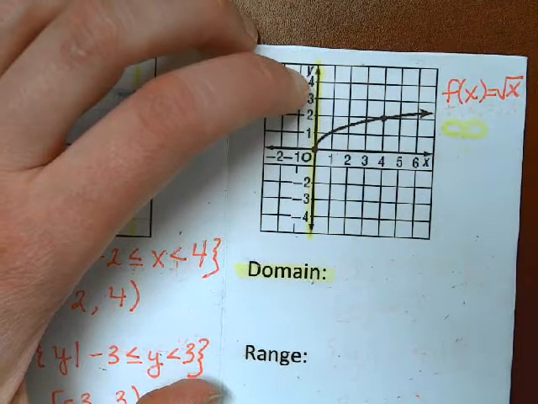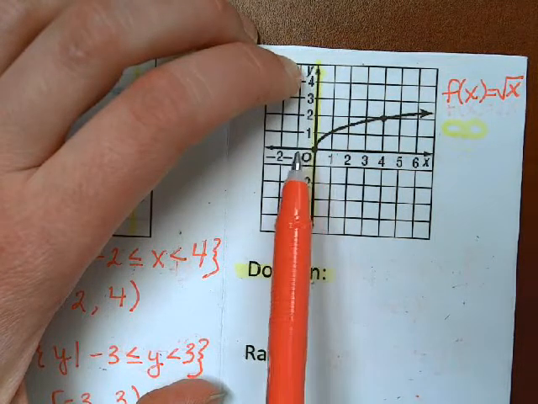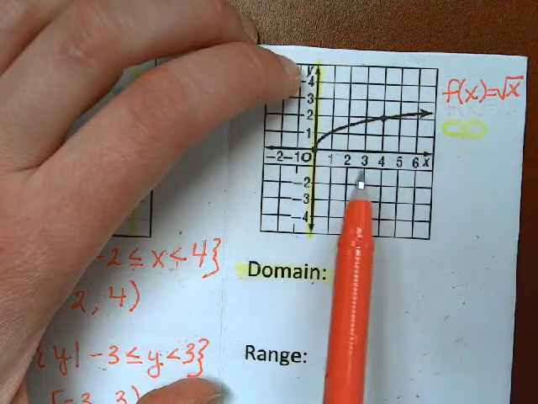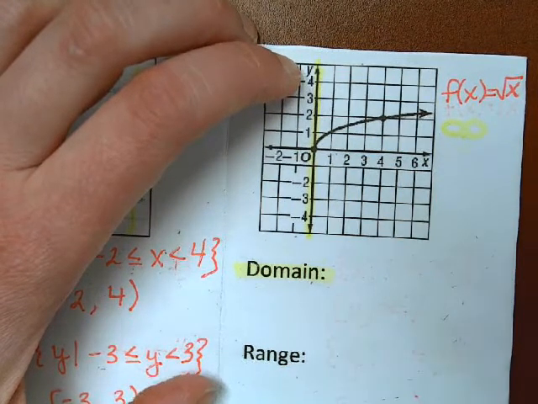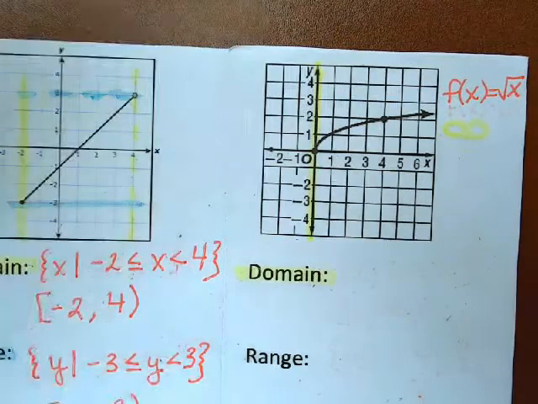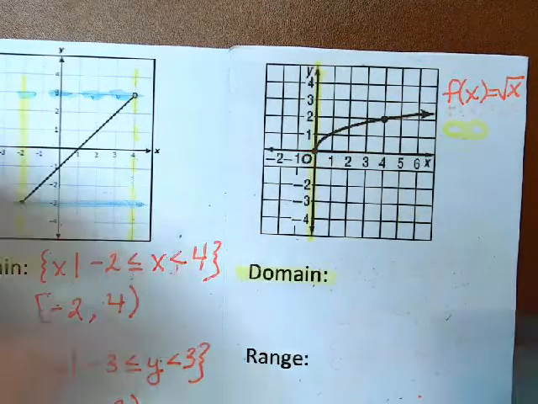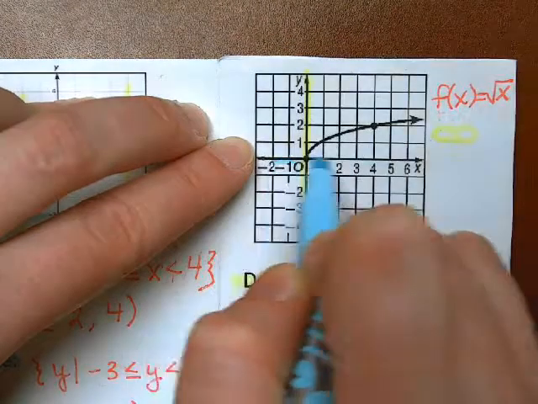So it doesn't matter what I put in here as long as it can only be 0 to positive. It doesn't have to be a perfect square. I can put 3 in, but I'm going to have to ask my calculator to figure it out because I don't know. But anyway. All right, what is the range?